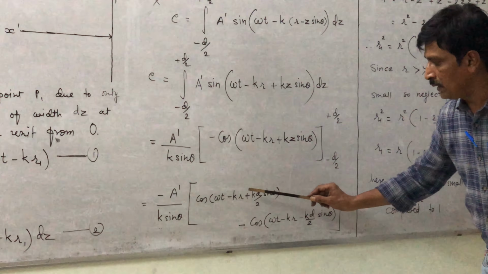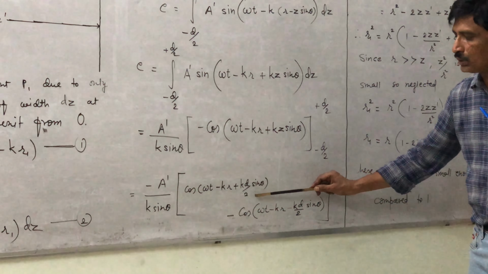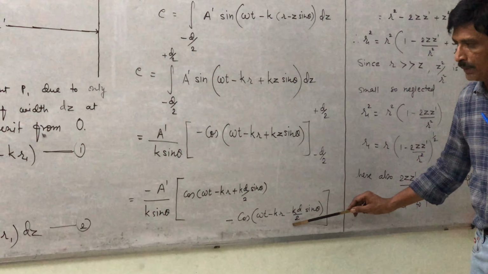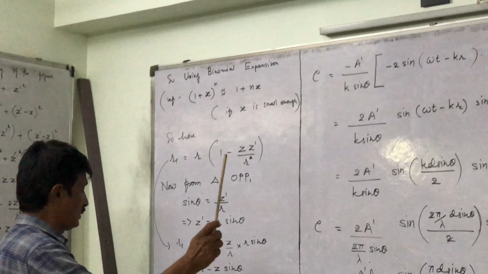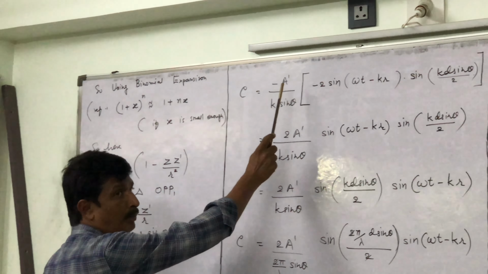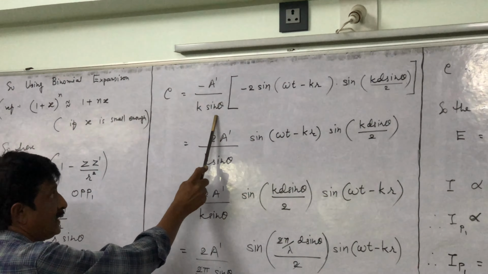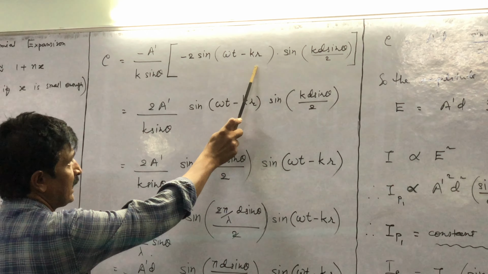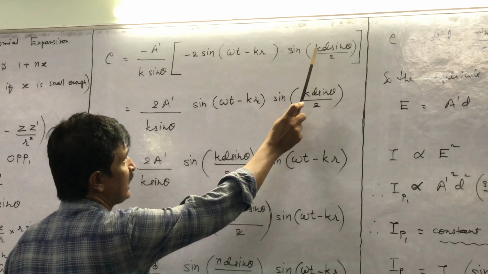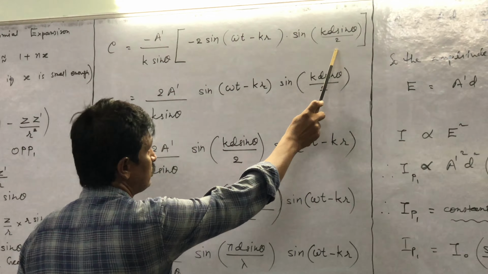Using the maths rule cos C minus cos D equals minus 2 sin((C plus D) by 2) sin((C minus D) by 2). Here E equals minus A dash by k sin theta, so minus 2 sin(omega t minus kr) into sin(kd sin theta by 2).